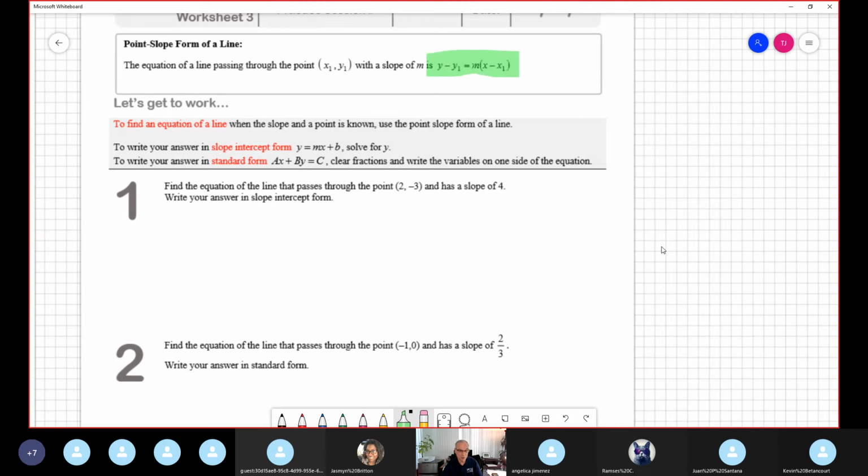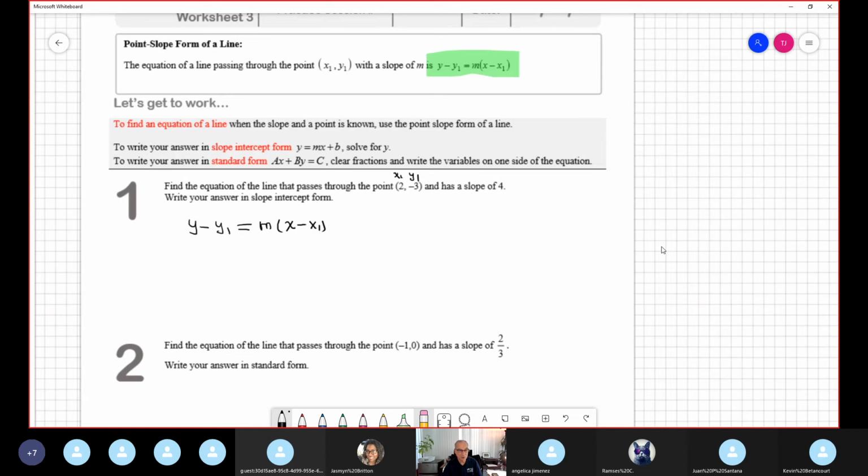We're using that formula always, anytime. Well, the point: y minus y1 is equal to slope, is given, times x minus x1. x1 and y1 are 2 and negative 3, respectively.